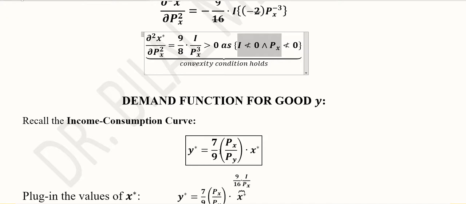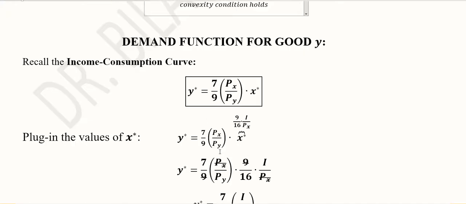Now we can devise the demand function for good y, and again I can use the same equations that I have been using before. The income consumption curve can help us in this regard. This is that income consumption curve.